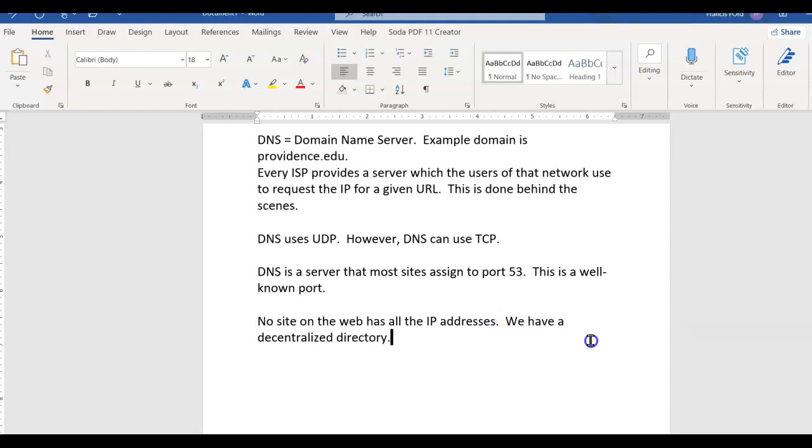So instead, many years ago, a system was set up. There are, I believe, 13 root directories. These are the top of the hierarchy.